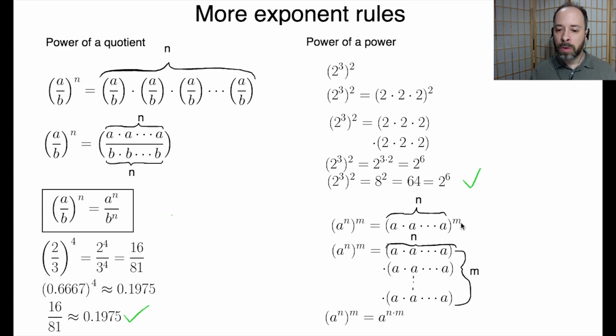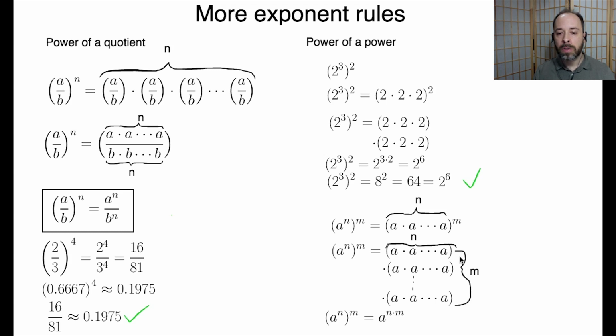To do raising to the power m, we're going to take m of those strings of n a's, and we're going to write them out as rows, just like this. M rows of n a's. And in doing so, it's going to build a giant table of a's with n a's across the top, that's n columns, and there's going to be m rows.